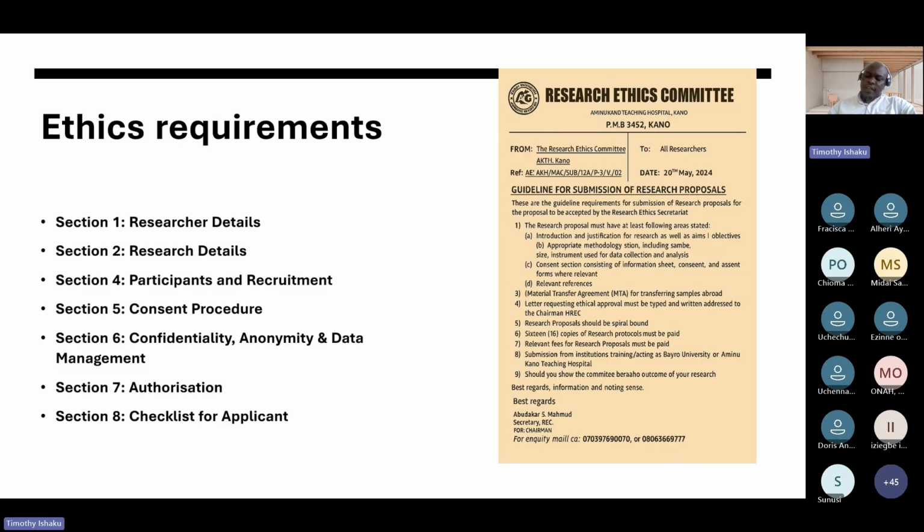The second thing is beneficence. All research, with all intent and purpose, should be to do good and avoid harm to the patient. And it has to be clear how your research is meant to do good and avoid harm to the patient.